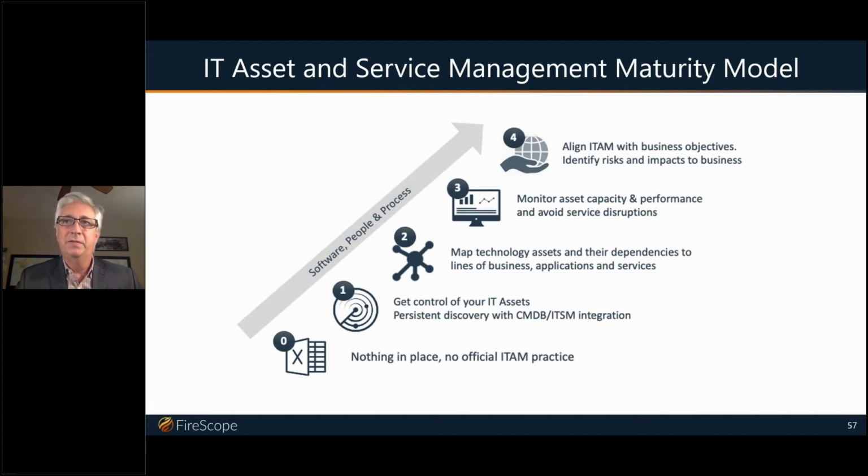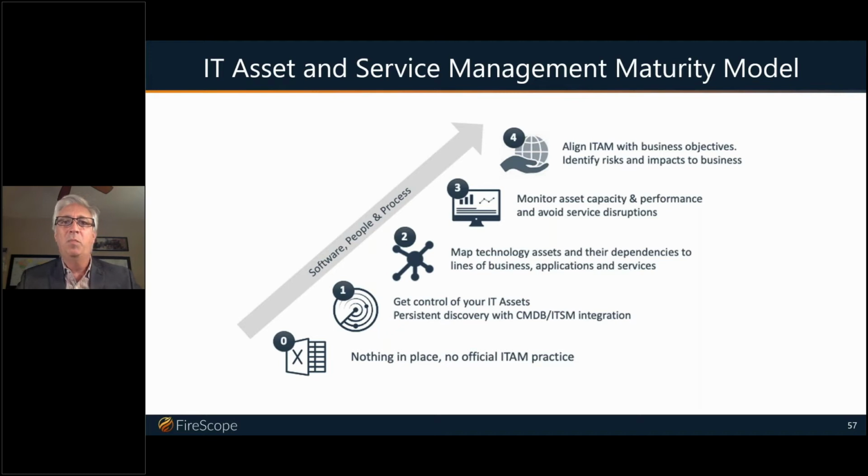When you have that proactive service management experience, you can identify potential infrastructure performance issues that can degrade user productivity, and we don't want that. We want user productivity.